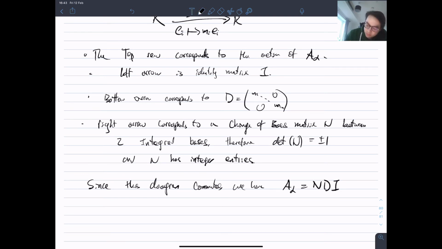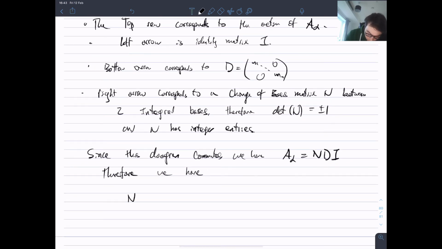But now the first definition of norm that I gave you was that the norm of alpha was the determinant of the standard representation of alpha, A alpha. So we have the following.